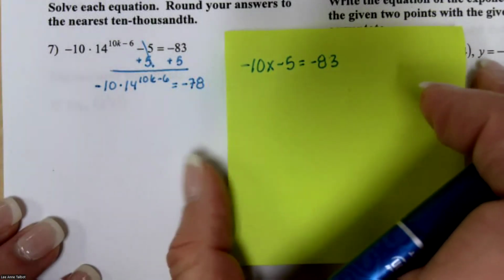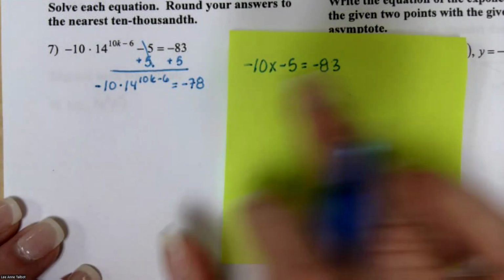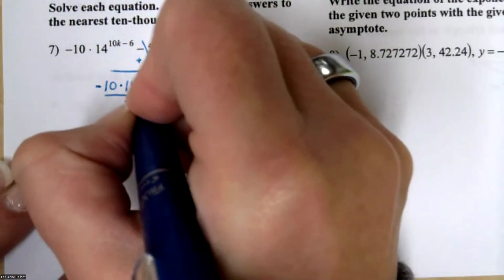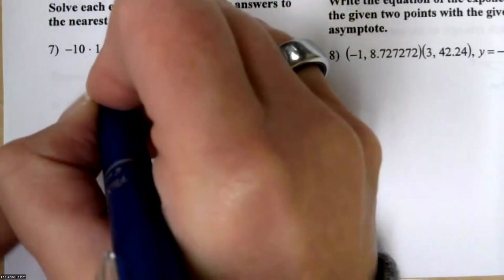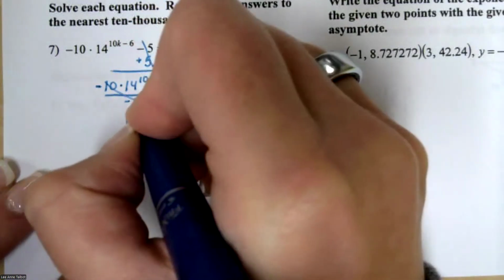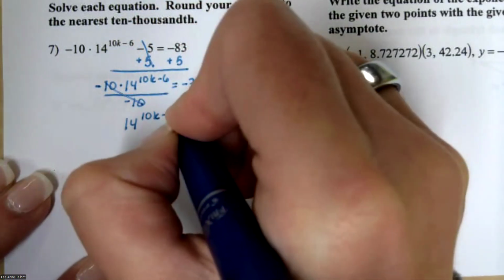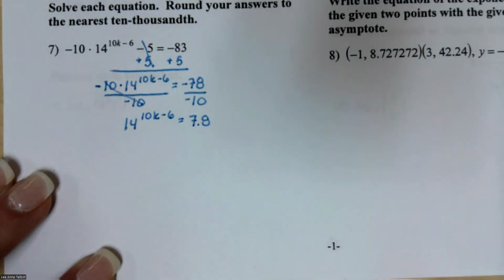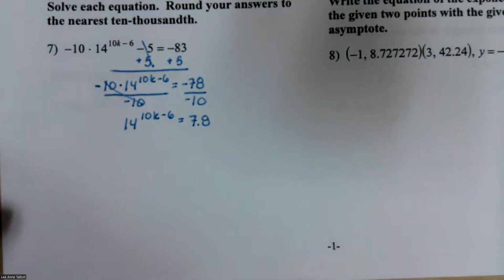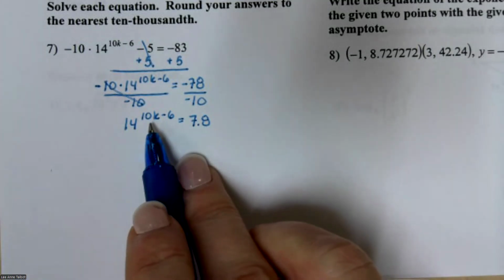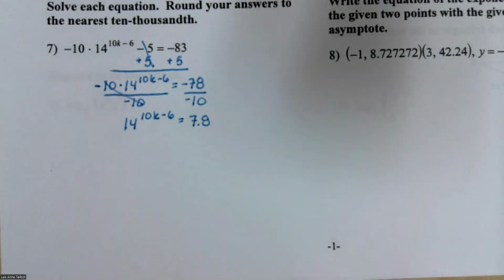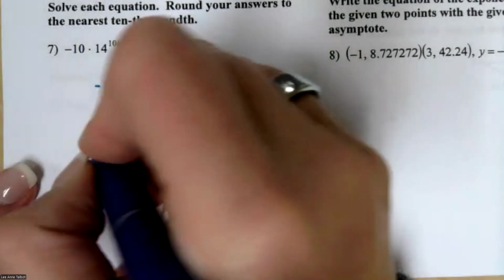Okay, then back in math 1 land, after I added 5, I would divide by -10. Okay, and now I have a base, an exponent, and a constant. This is the moment when I can log both sides.